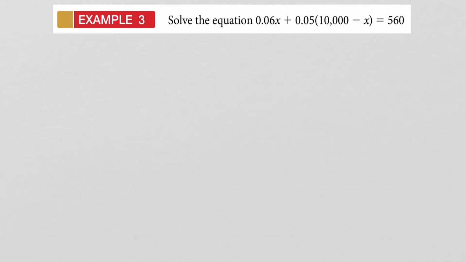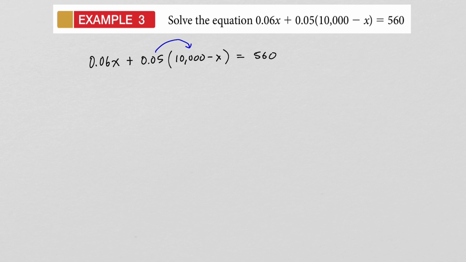The next equation has decimals. Now, one way to deal with decimals is to just simply use a calculator and do everything the same. So in this case, what I'm going to do is, first of all, let's get rid of the parentheses. Most of the time when you're solving equations, you don't want to have parentheses.